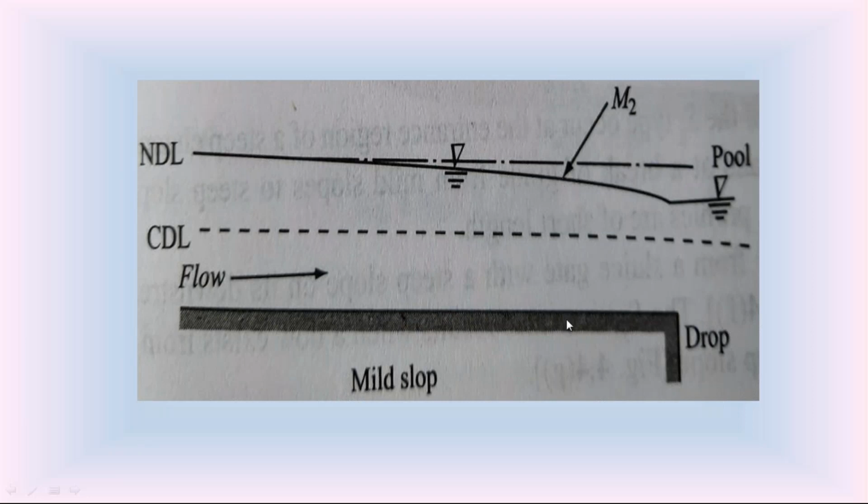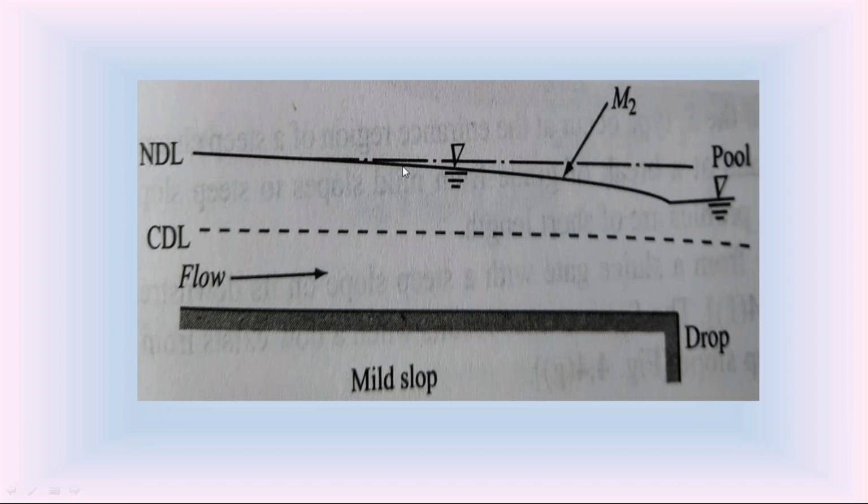Here this water surface in the mild slope channel is in between the normal depth and critical depth. So this is zone 2. So the water surface is in zone 2. It is called M2 curve.